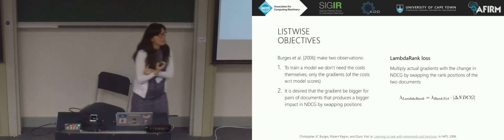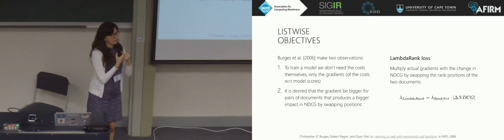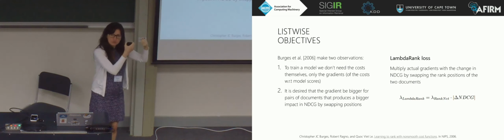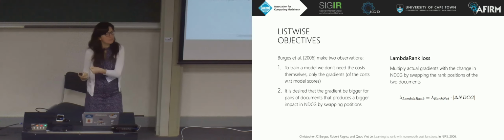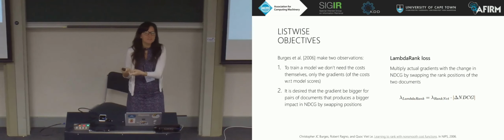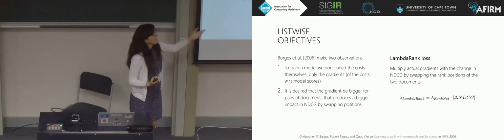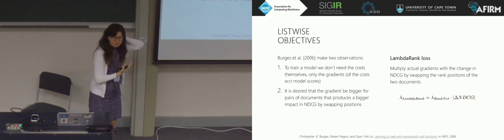Which means that if we have two documents at the top end of the ranking that are erroneous, so we should swap them, then such an algorithm would give a higher weight to the gradients of these documents compared to documents that are ranked in error towards the bottom end of the ranking. So that's the main assumption behind LambdaRank.